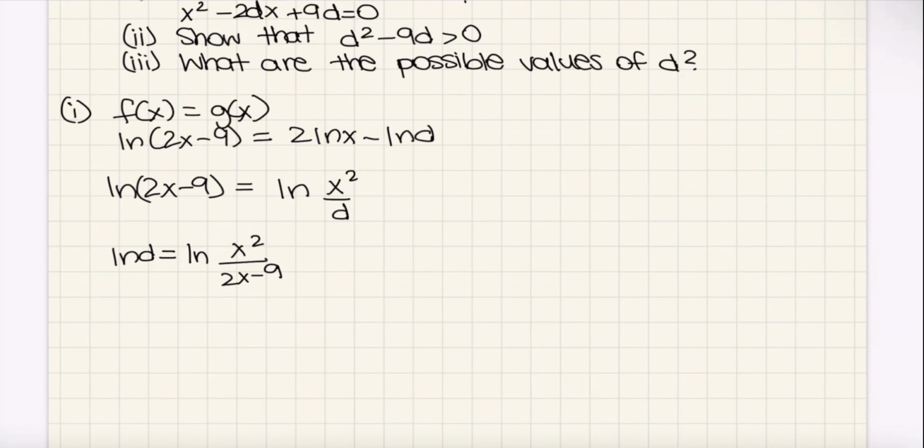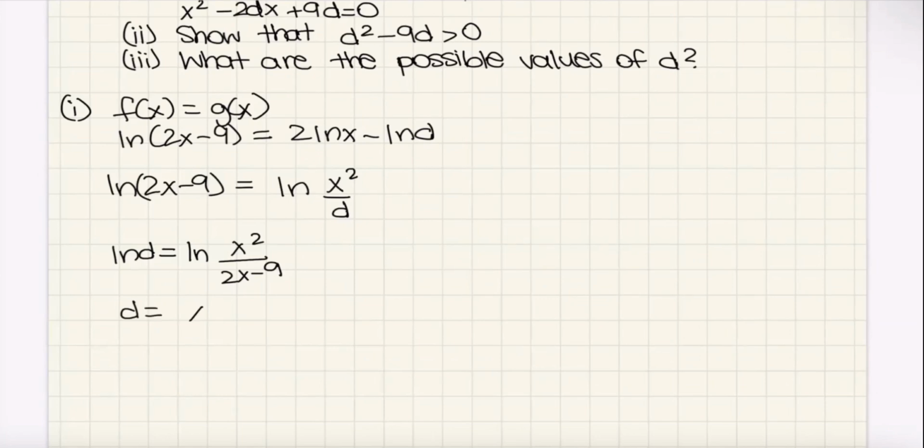Therefore, if we cancel out both lns, we get that d is equal to x squared over 2x minus 9.